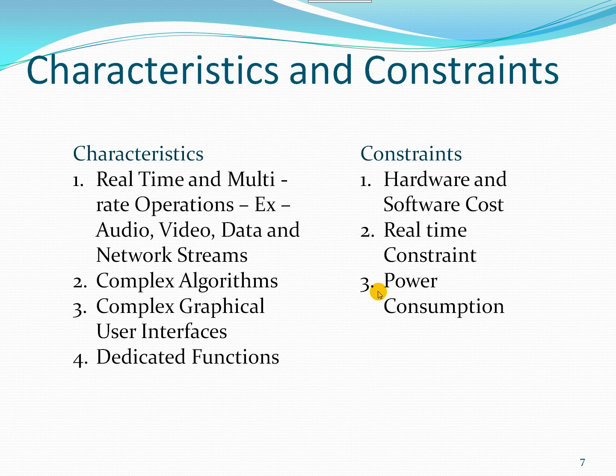Next we are going to see the characteristics and the constraints of embedded systems. In the case of characteristics, real-time and multi-rate operations are required in embedded systems, because they deal with audio, video and data processing.